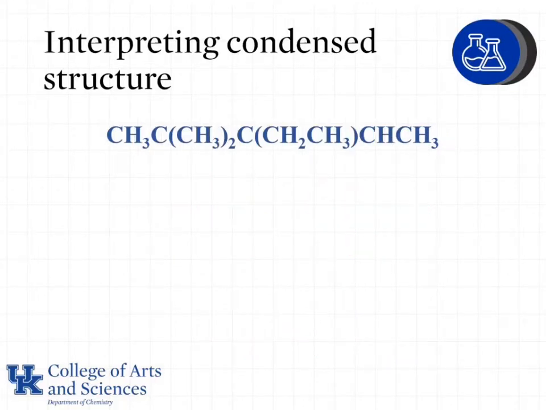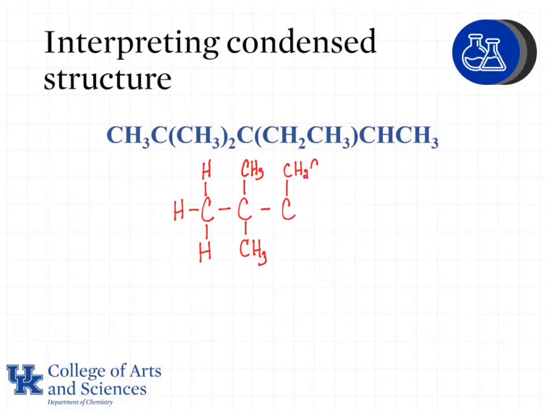This is another example of how we deal with side groups listed in the condensed structure. So we start with our CH3. And then we have a carbon which has 2 CH3 groups attached, and then a carbon with a CH2 CH3 group attached, and a carbon with a hydrogen, and a carbon with 3 hydrogens.